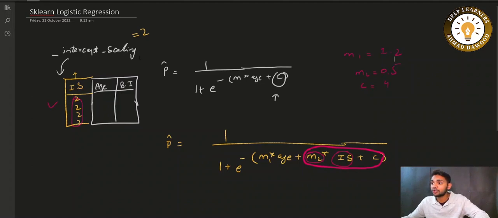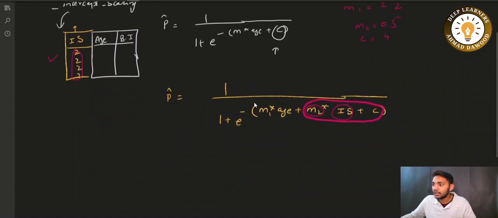Now your equation becomes like this: P cap is equal to 1 over 1 plus E raised to power minus M1, which is 1.2, into age, whatever value of age, plus intercept. Your intercept will become 0.5 into 2, this 2, plus 4, it will be 1 plus 4 equal to 5.